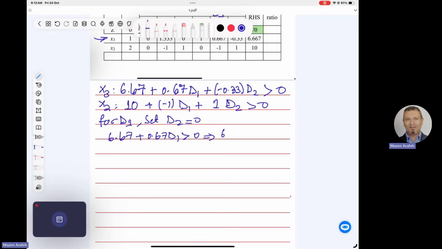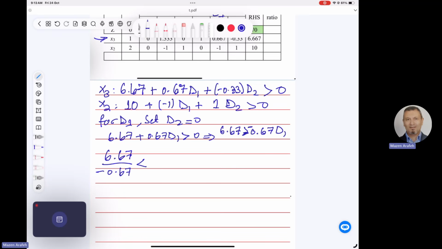If I take it to the other side, 6.67 is greater than minus 0.67 d1. And now if I divide by minus 0.67, we flip the sign.